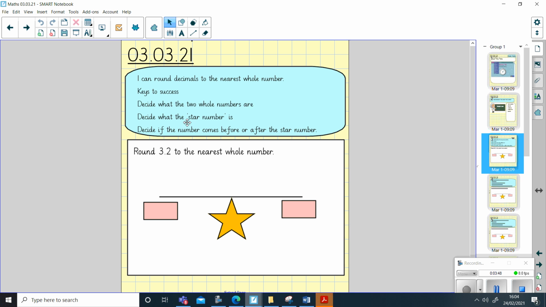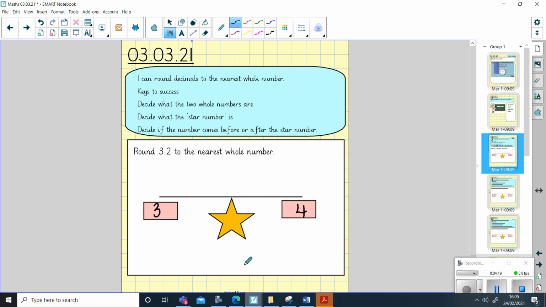So my first key to success tells me to decide what the two whole numbers are. So I know that 3 is going to be my first whole number, and then if I went all the way through, I'd get to 3.9 and then 4. So it's just the next whole number after this number, basically. That's an easier way to think about it.